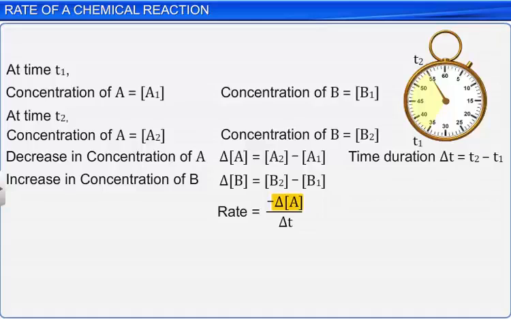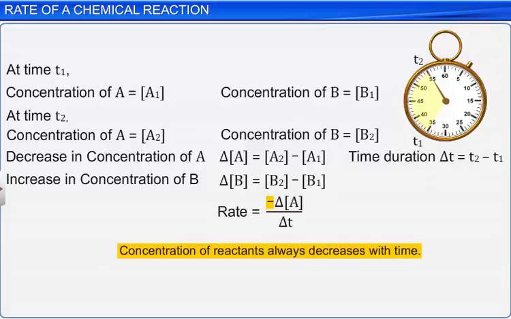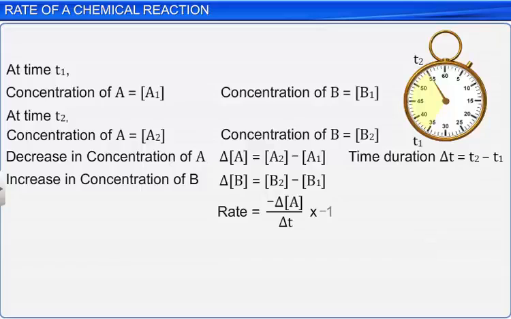Now, delta A is a negative quantity since the concentration is decreasing with time. So we multiply it by -1 to make it a positive quantity, as the rate of a chemical reaction is always positive.